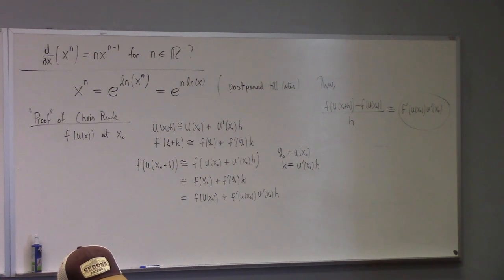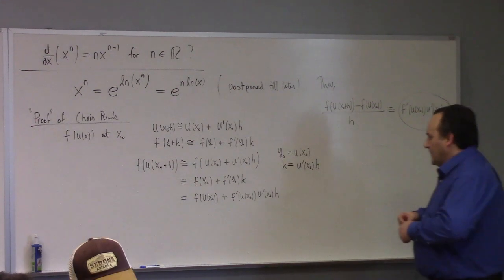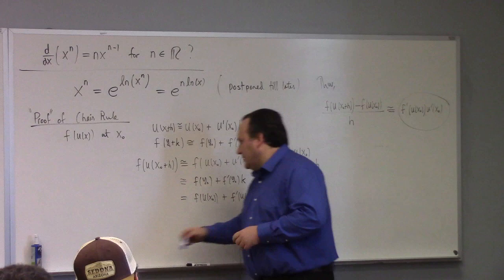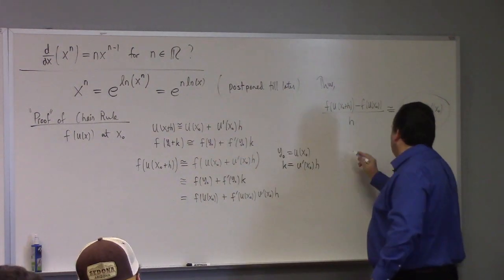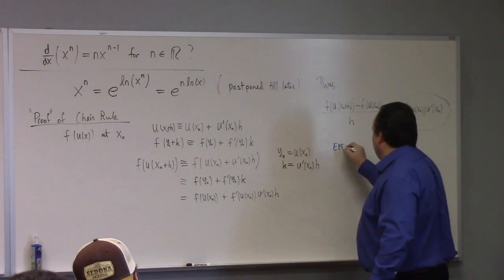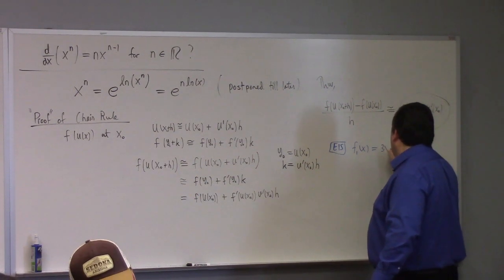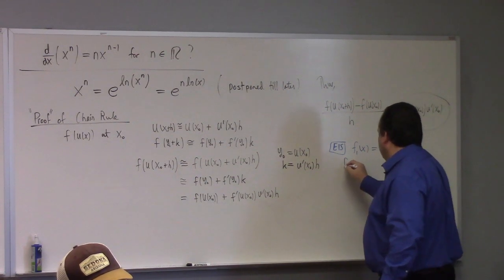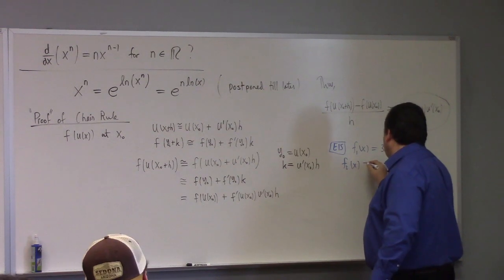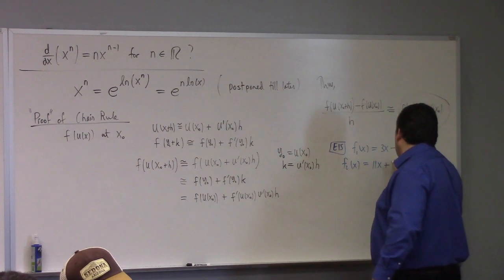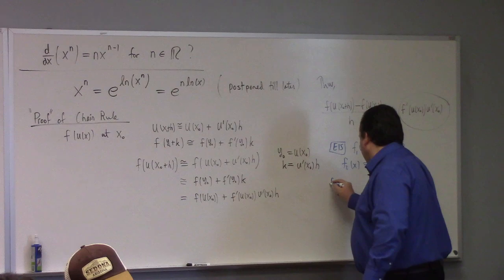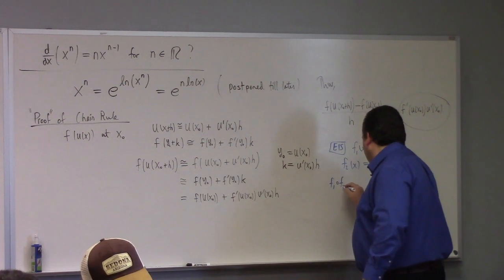And if you really want to get right down to it, it really is just this pre-calculus example. Have you guys ever done this? Suppose you've got f1 of x equals 3x minus 7. Let's say f2 of x equals 11x plus 2. What's the composite of f1 with f2?